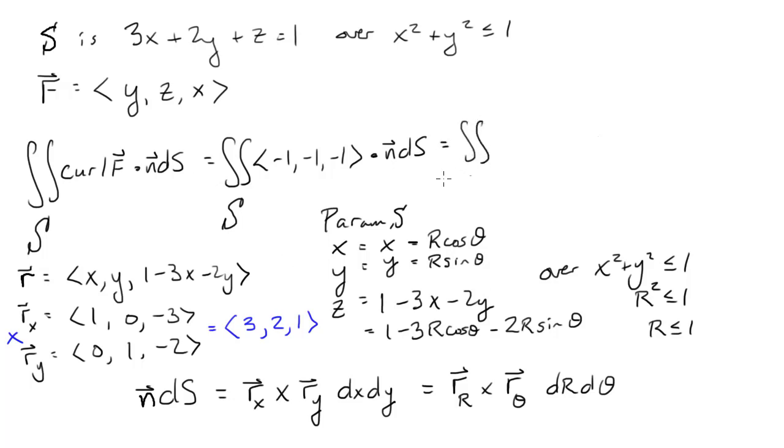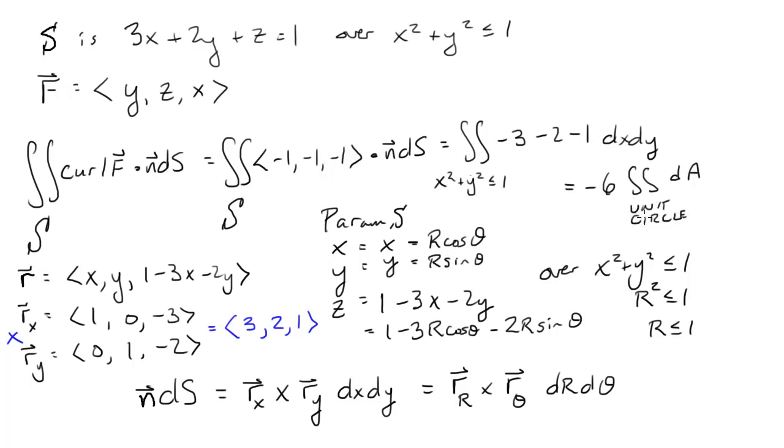Plug into my surface integral. So I change the domain to the parameterization domain. Do the dot product. Minus 6 factors out. And I'm taking the area inside the unit circle, which is pi. So the whole thing is minus 6 pi.